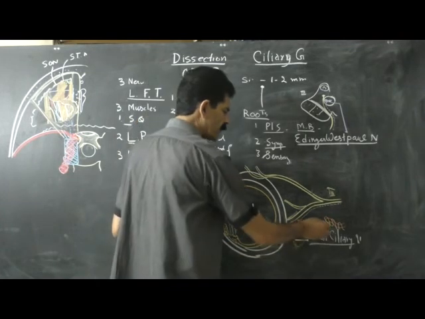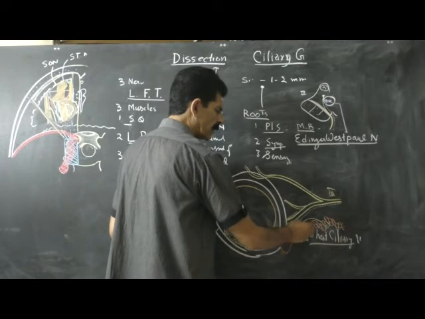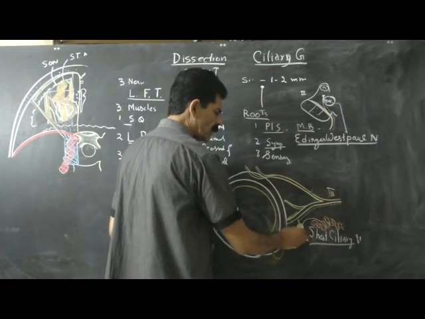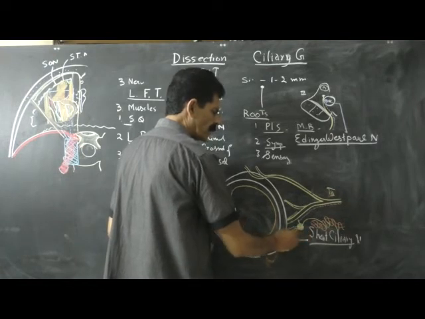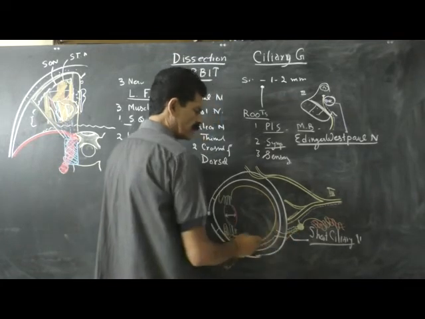So these sympathetic fibers from the ophthalmic artery enter into this ciliary ganglion, and they also reach the short ciliary nerve, which pierces the sclera and reaches the choroid.